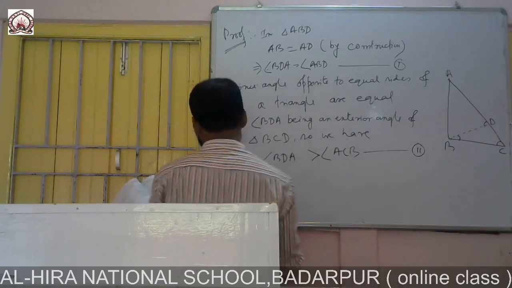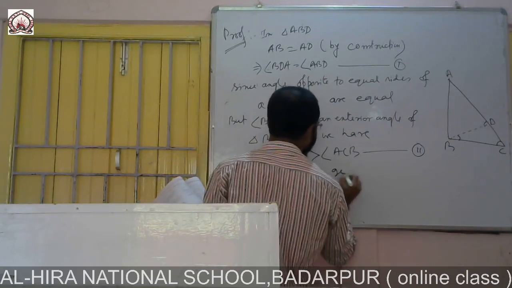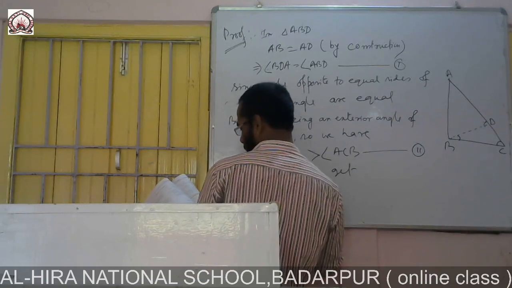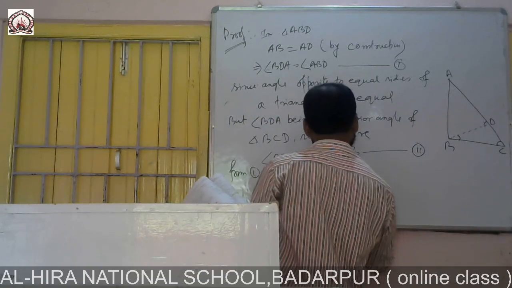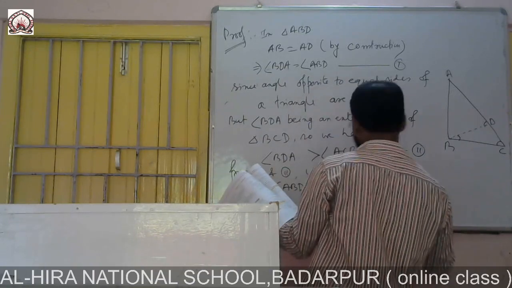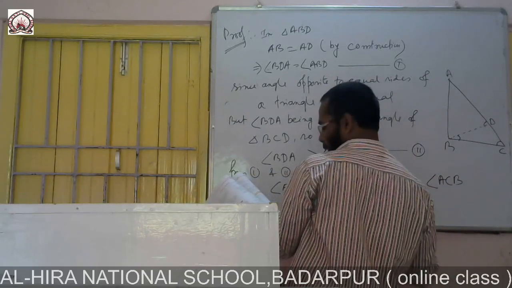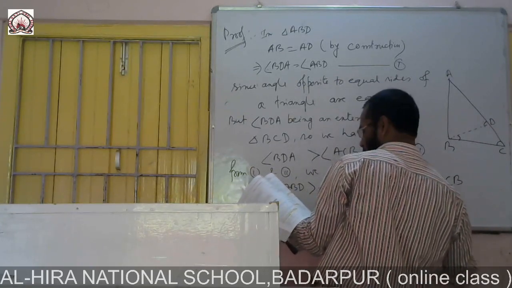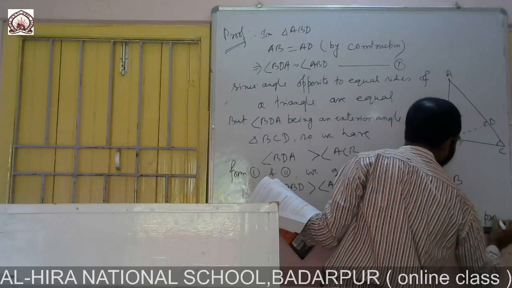Now from 1 and 2 we get angle ABD greater than angle ACB, implies angle ABC greater than angle ACB, hence proved.